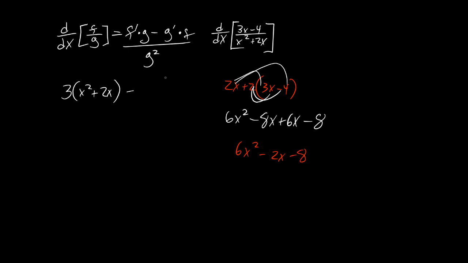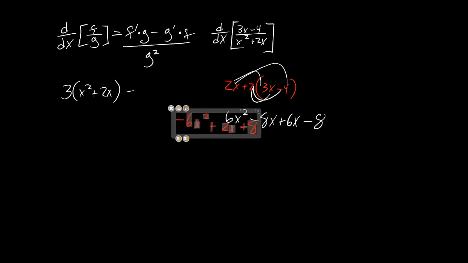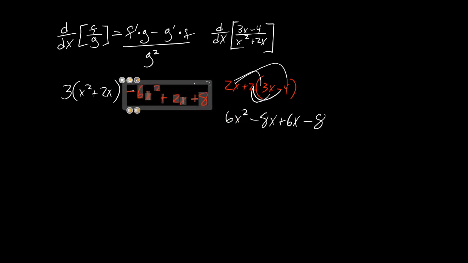And then, since I said we put off the negative real quick, we're just going to distribute it. So we get negative 6x plus 2x plus 8, because these are already negative, so they just turn to positive. So yeah, now let's move this all the way up here.